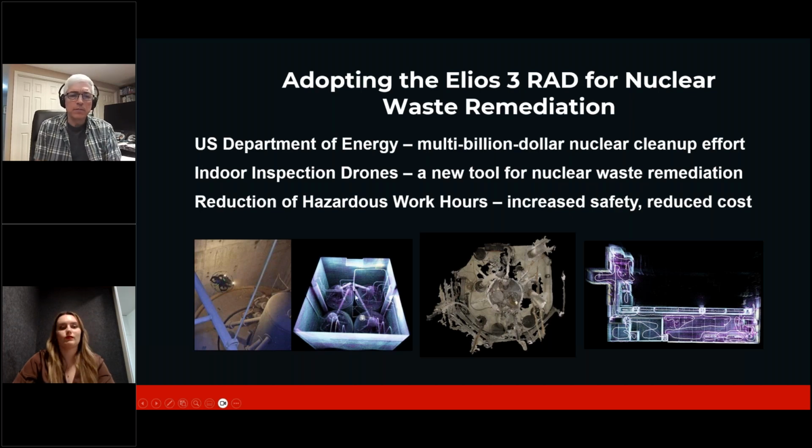Now, this image to the right is actually pulled from Inspector software, and the Inspector software is a huge part of the benefit that comes with the Elios drone. It provides rapid review of the mission you just flew in a very intuitive sense.